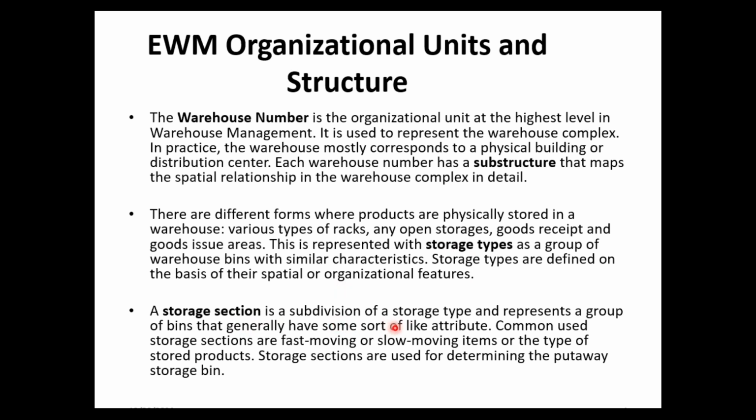A storage section is a subdivision of a storage type and represents a group of bins that generally have similar attributes. What are those attributes? Fast moving, slow moving, heavy materials, lightweight items, something like that. Based on real business needs, you can define your storage sections, depending on what kind of industry and business you are talking about. Clear? Any question? Let me know. I will take a pause.